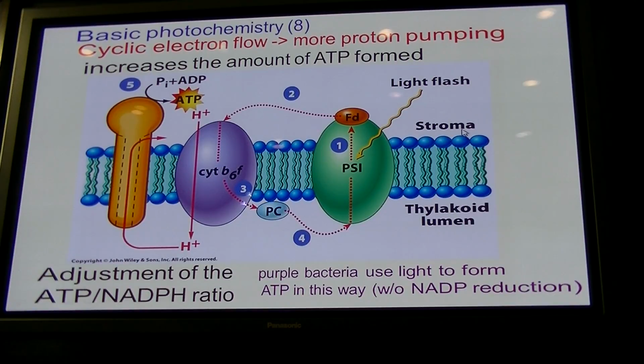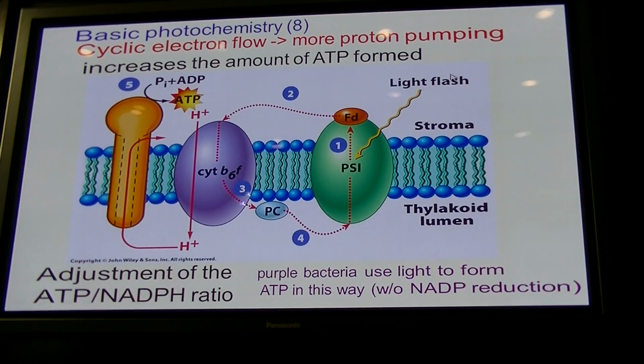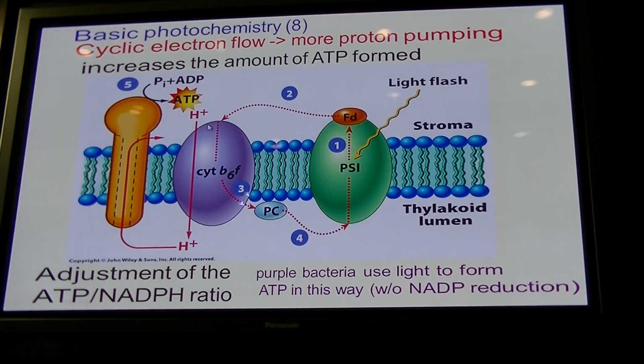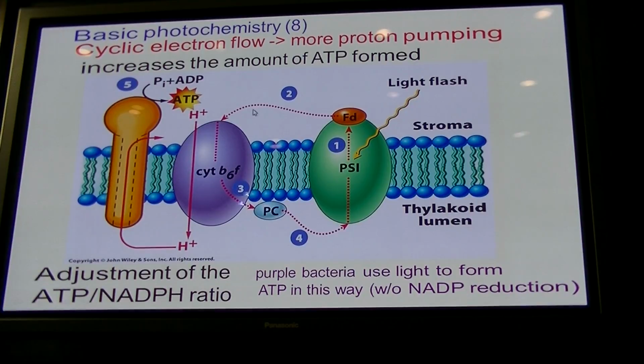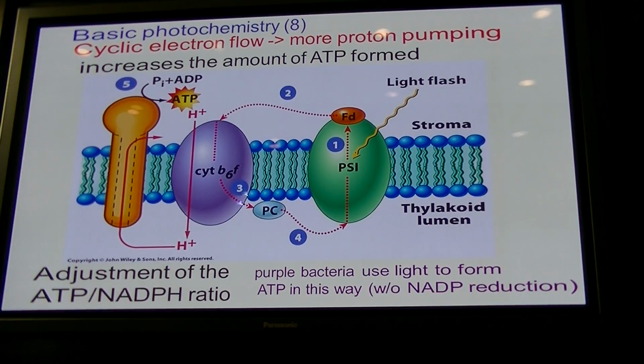Well, it turns out that photosystem 1 can not only reduce NADP, but it can also choose to reduce the B6F complex again, essentially by giving electrons back to the plastoquinone pool. And this involves another complex that's not in here, which is really a complex that functions like complex 1 in the mitochondrion.